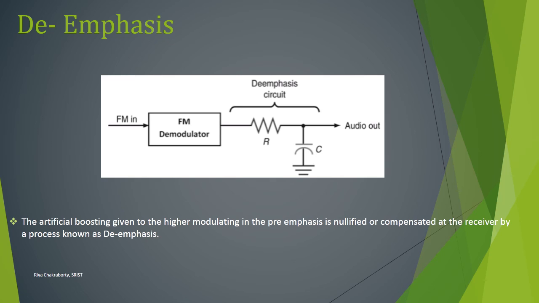So you see it in this diagram. There is the FM demodulator, and the de-emphasis circuit is an RC circuit. The demodulated FM is applied to the de-emphasis circuit, where as the frequency increases, the reactance of C goes on decreasing, and the output of the de-emphasis circuit will also reduce.